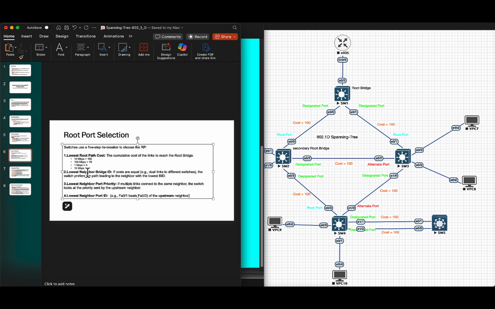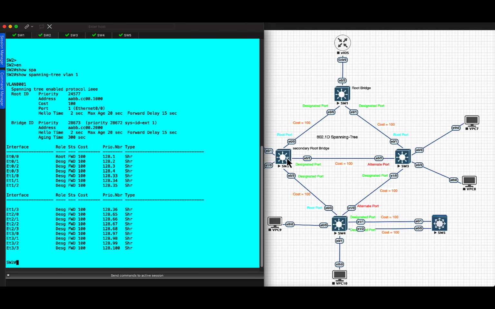The interface connected to the lower bridge ID of the neighbor switch will win. So if you look at switch 2, its bridge ID is 28673. That is the neighbor of switch 4 going through the E03 interface.